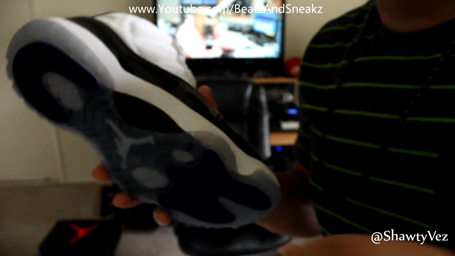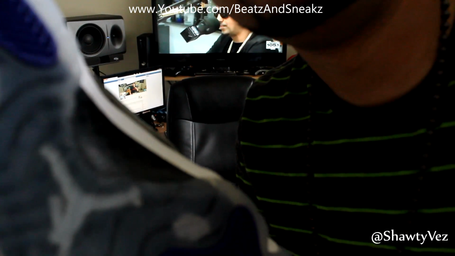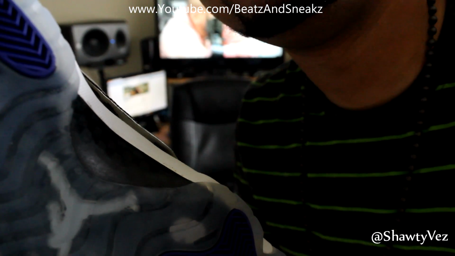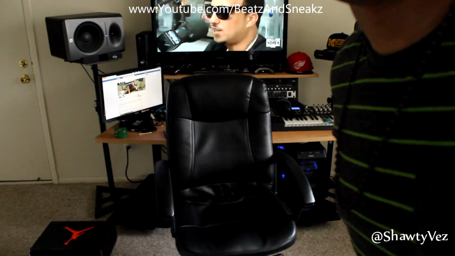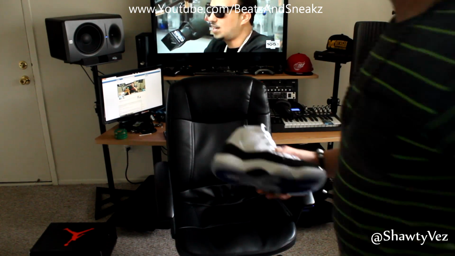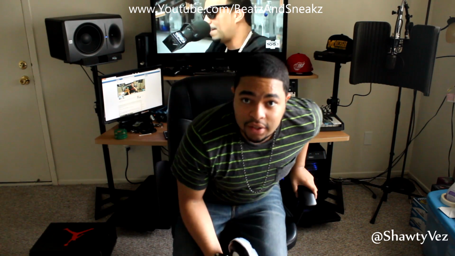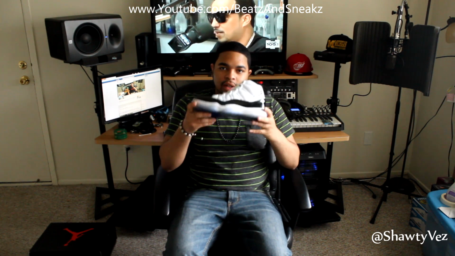But the carbon fiber, I don't know if you can see that, is painted on. It's not the actual carbon fiber that you get on your other shoes. So this is a replica.